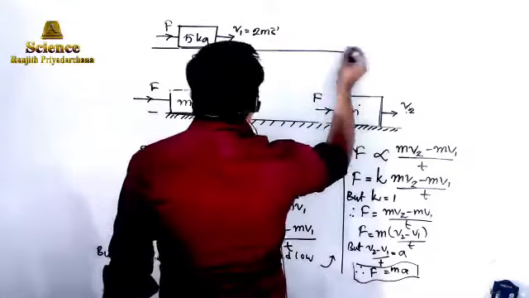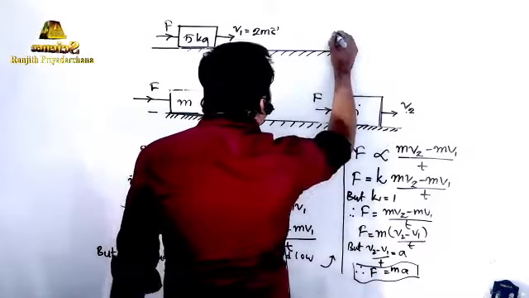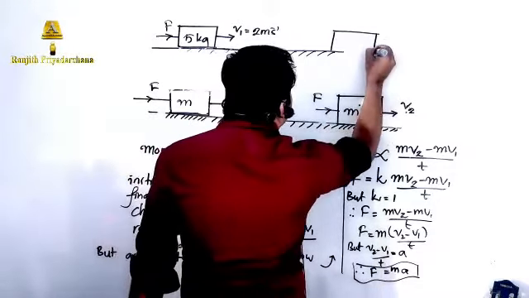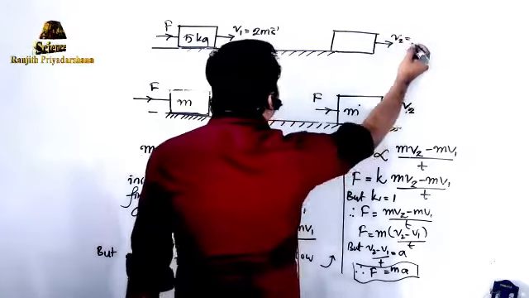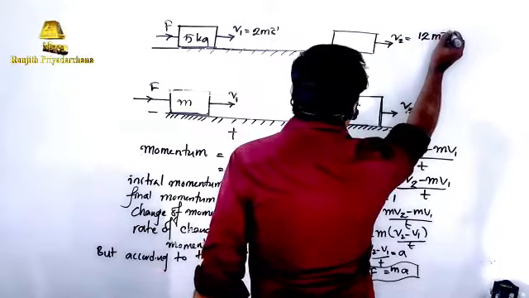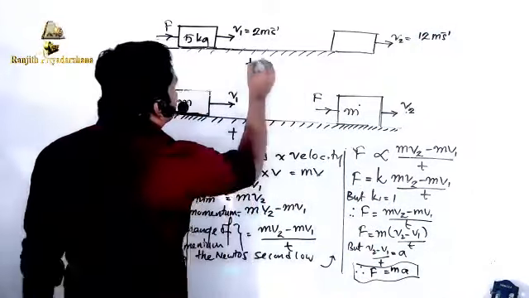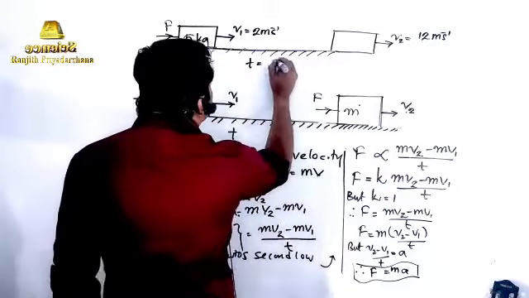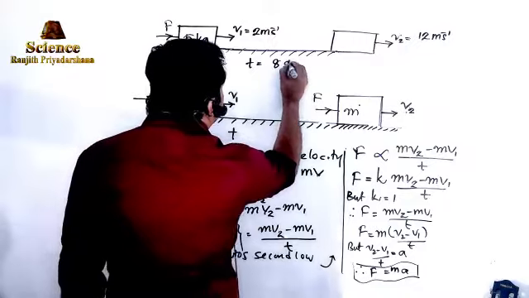Due to this force, this object has displaced, increasing its velocity up to V2, that equals 12 meters per second. Time taken T equals 8 seconds.